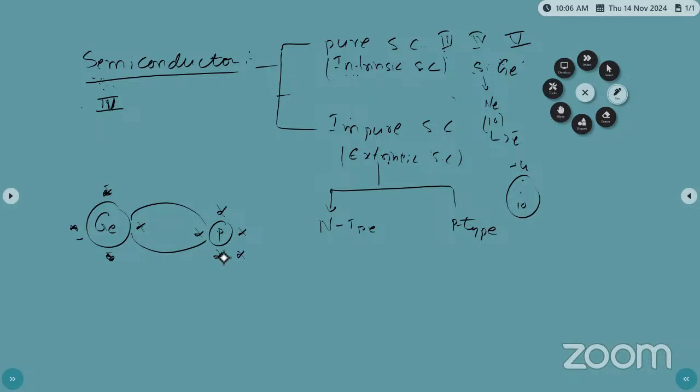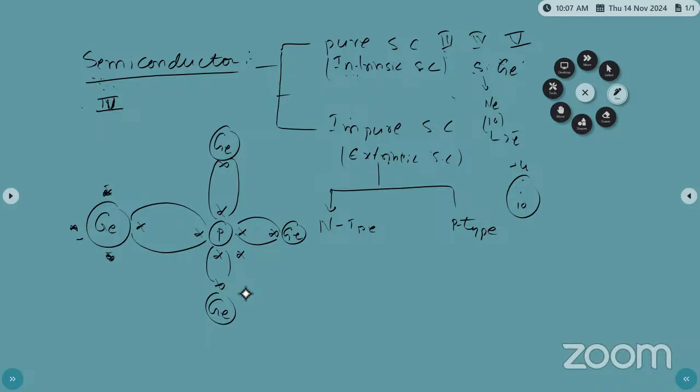Right? Another germanium here is forming another covalent bond, and here one more germanium is forming another covalent bond, and here one more germanium is forming covalent bonds. Now this combination is called the extrinsic semiconductor.